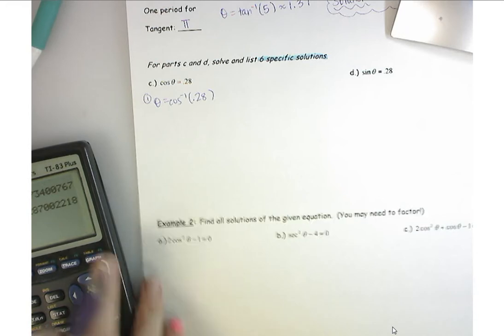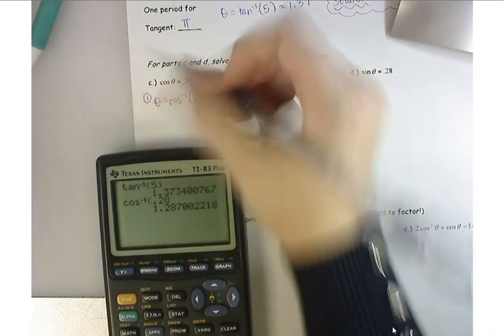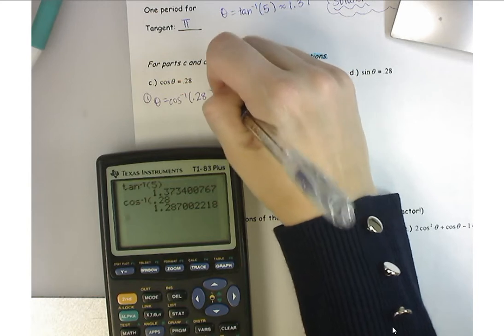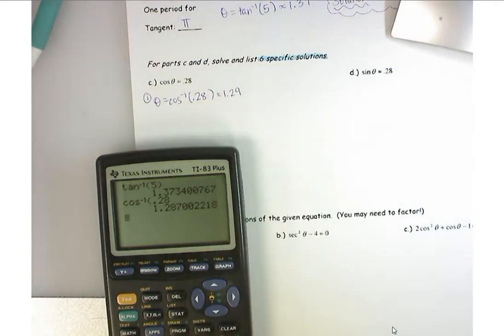Okay, so when I do my cosine inverse, I get 1.29 rounded. Okay, so one of my solutions is going to be 1.29 plus what?